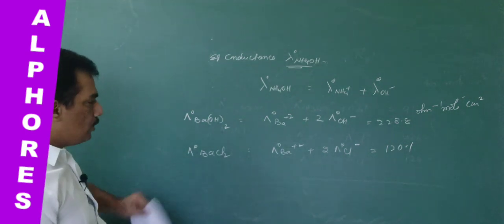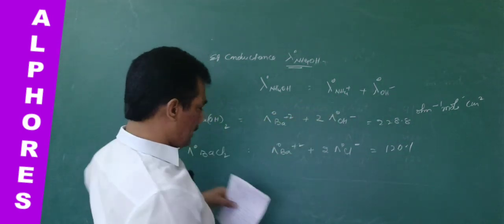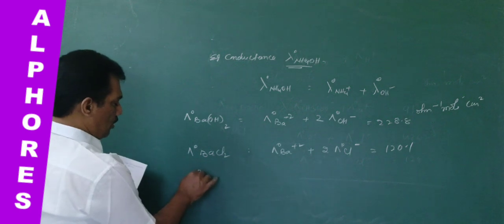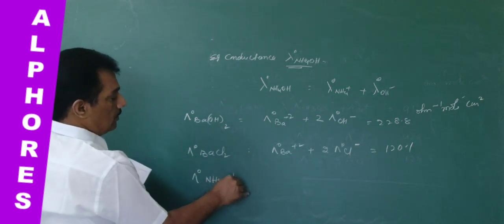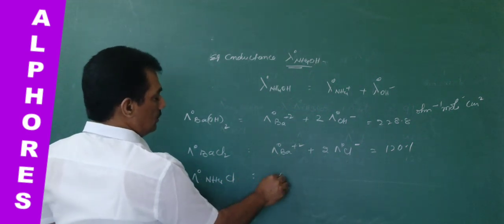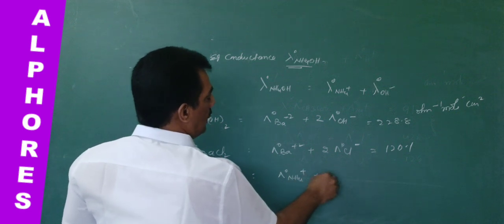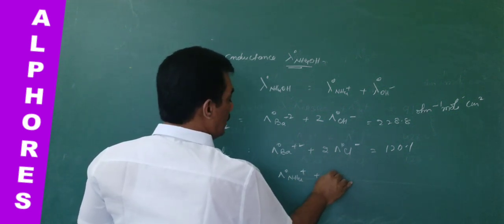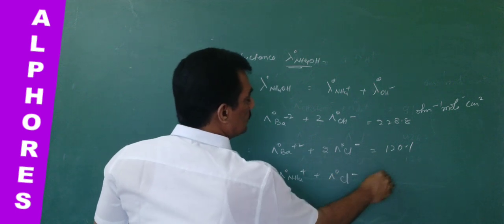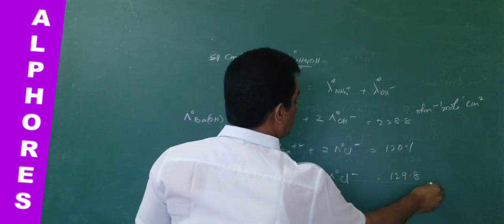And now one more data. Actually what we require is this one. Clear? And thereby lambda naught NH4Cl, which is the conductance of NH4 plus and the conductance of Cl minus, is 129.8.